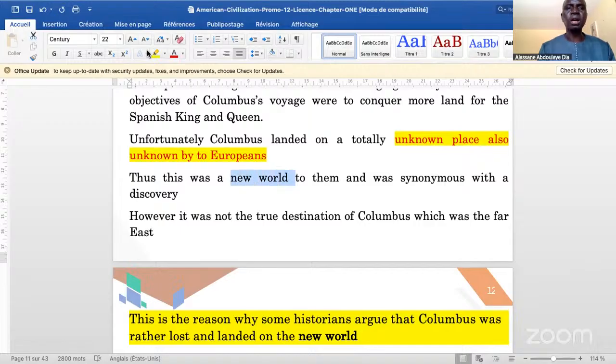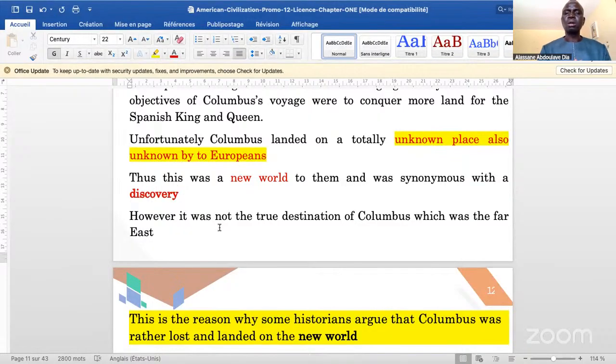Yes, he arrived in a place that nobody knew, a place that he did not know himself. It becomes a discovery, but a discovery by loss. He was lost, so he discovered a new world, a world that was new to them, and for him, that was a discovery. And automatically, so much the better, they said.